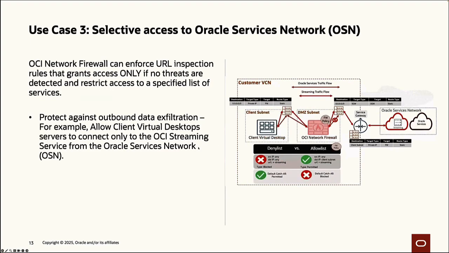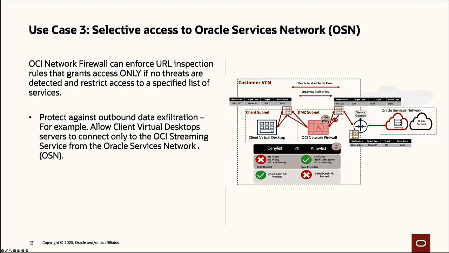The third use case is selective access to the Oracle Services Network, the OSN. The OCI Network Firewall can enforce URL inspection, and it can grant access to a specified list of services, so it can protect from outbound data exfiltration.